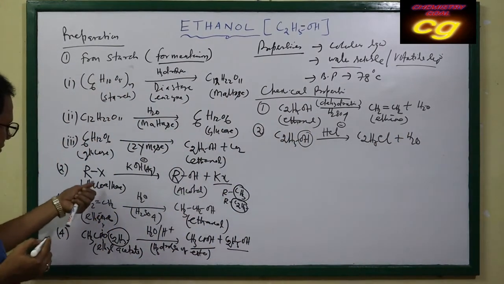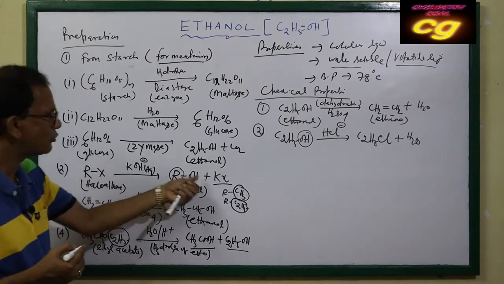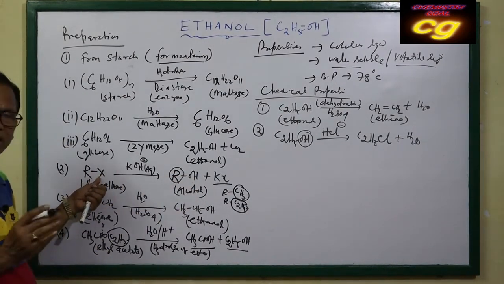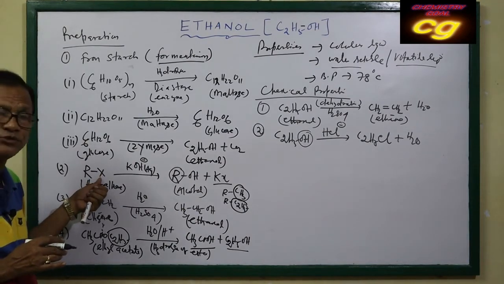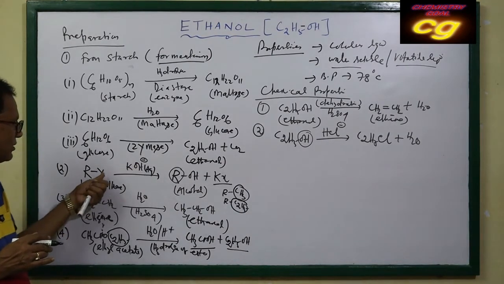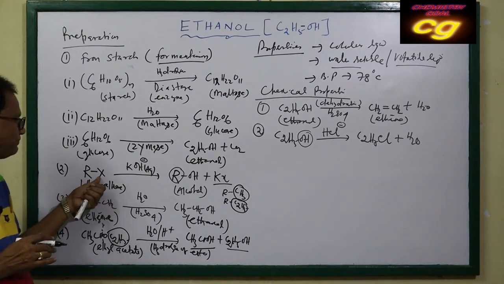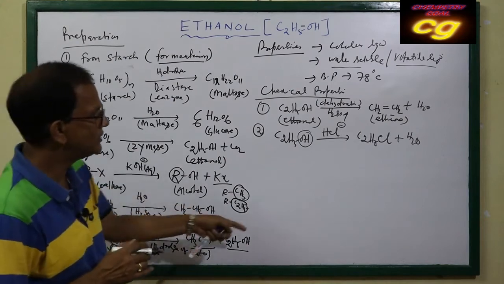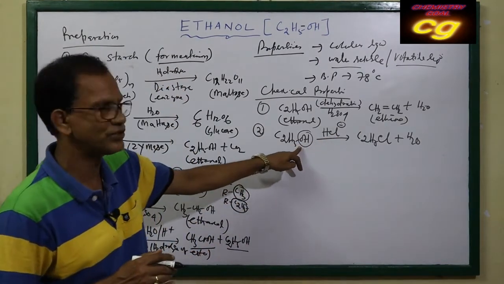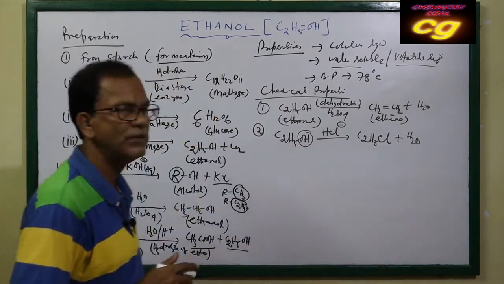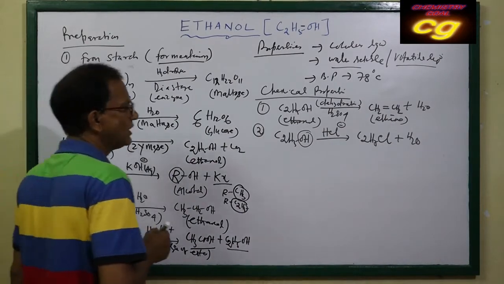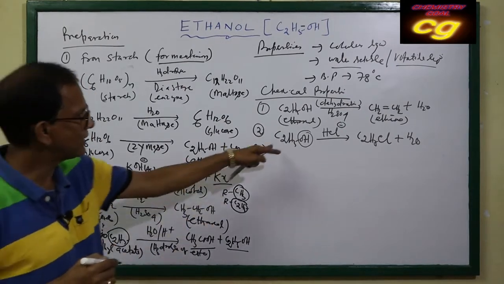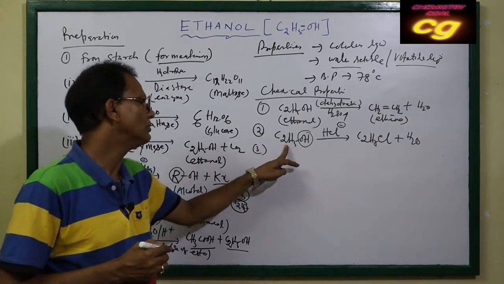Like previously discussed, RX converts to ROH, where X is replaced by OH minus. Similarly here Cl minus replaces OH. So this is also one method of preparation of haloalkane. That is one chemical property of alcohol.